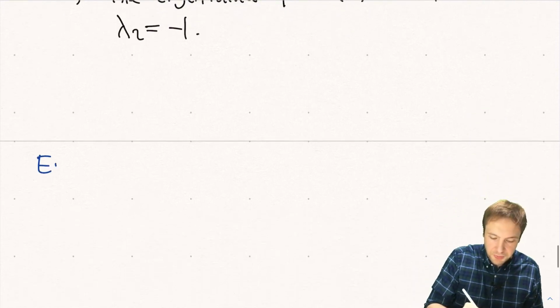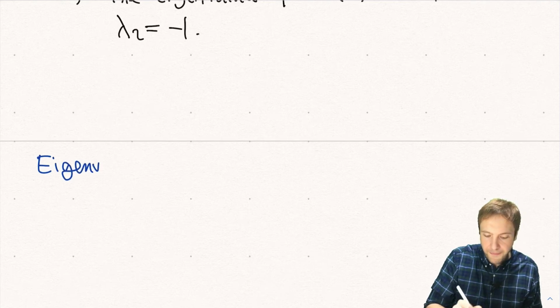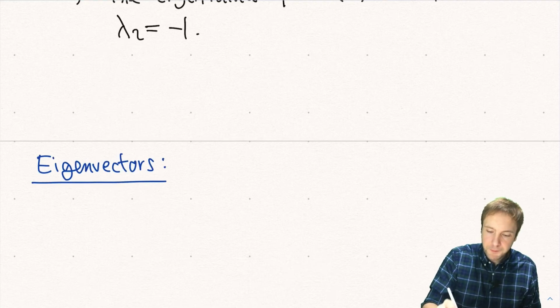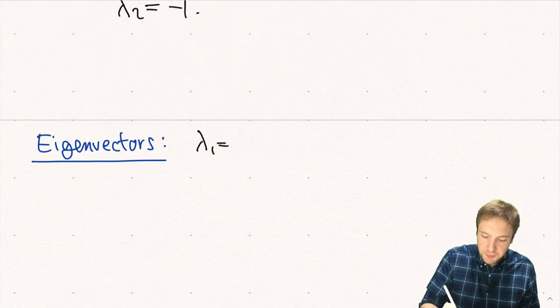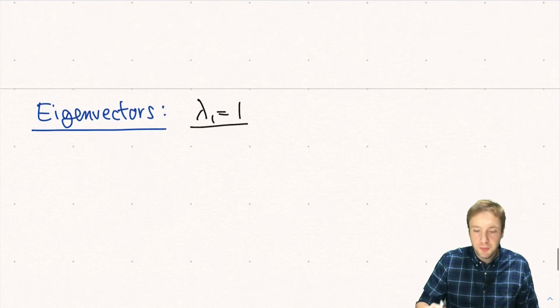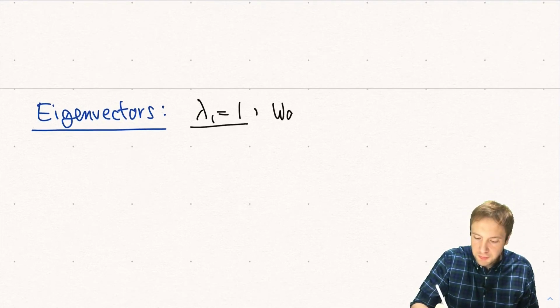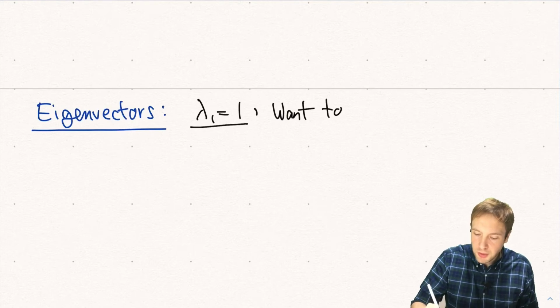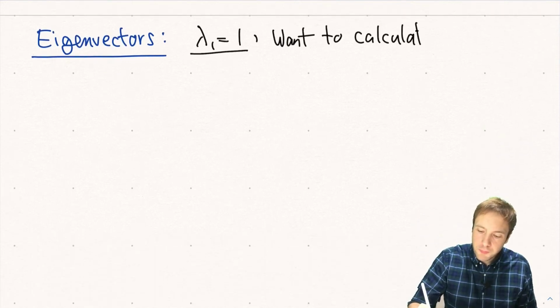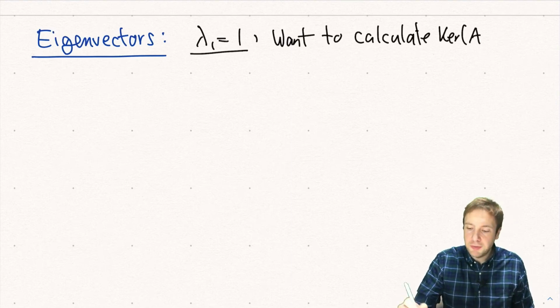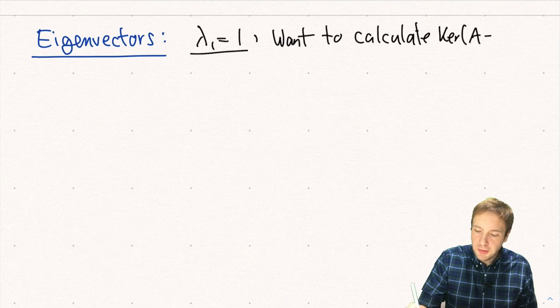So here now the eigenvectors. So let's consider the case lambda 1 is 1. So in this case we want to calculate the kernel of A minus lambda times the identity matrix, so in other words A minus I3.